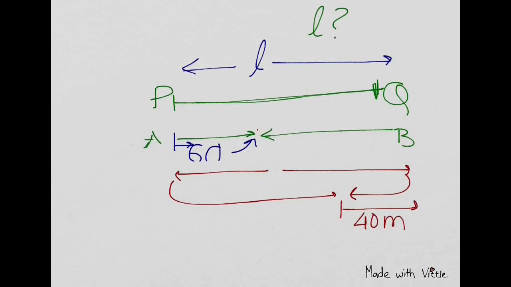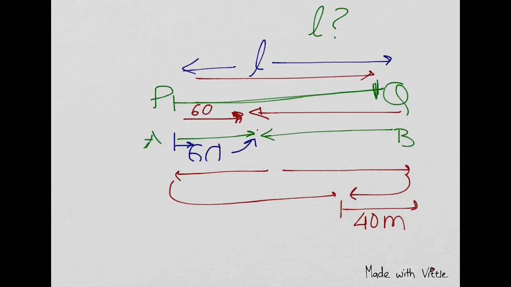Now if we break the question into two parts, in part 1, when they are moving towards each other, time is constant, and when they meet, the ratio of distance will be equal to the ratio of speed. So if this is L and this is 60, then this will be L minus 60.